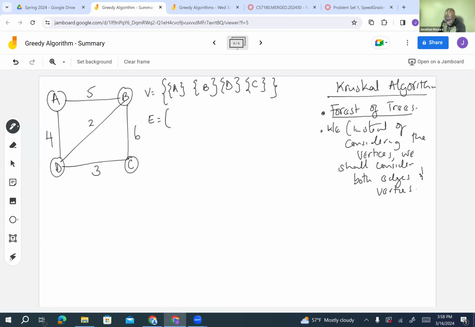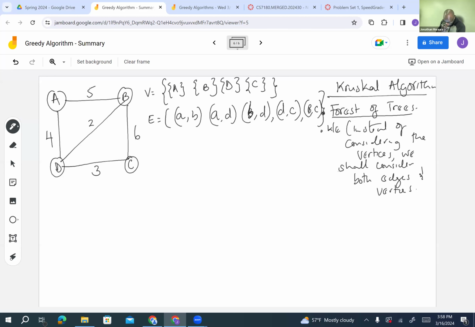Listen to this. We have A and B, for example. I'll say AB. We're going to have AD. It doesn't matter how I start them. I'm just going to consider them. AB, AD, BD, DC, and BC.